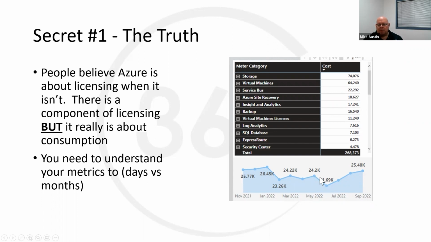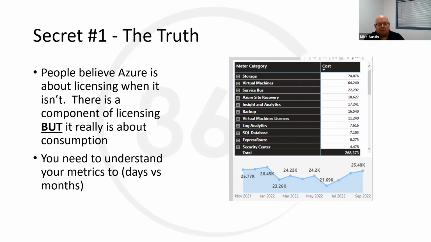Some people would say, oh, well, they had a significant drop. They went from 24K to just over 22K. Well, there's 31 days in May and 30 in June. So I can't compare them because I have an extra day. And so was that really a significant drop?